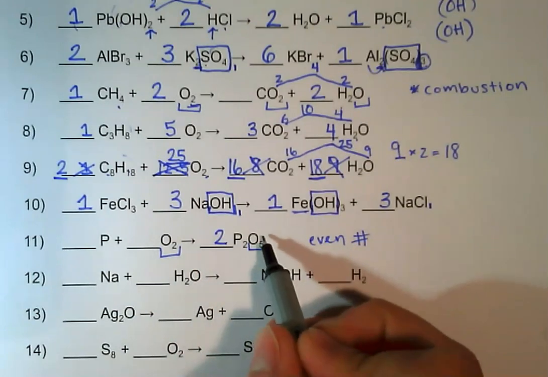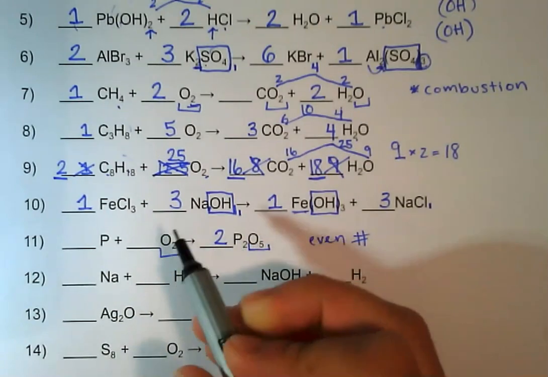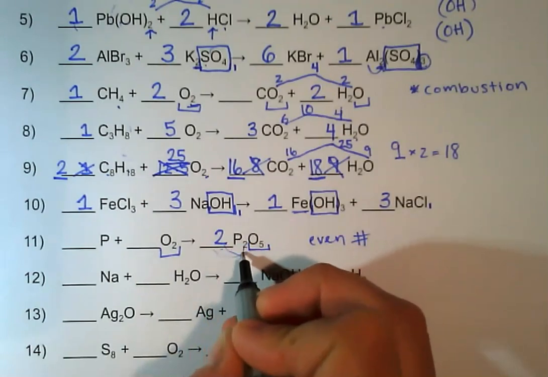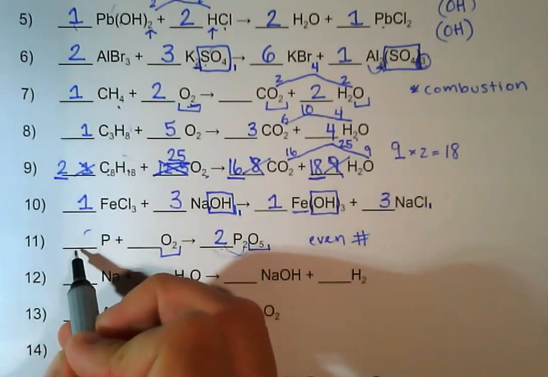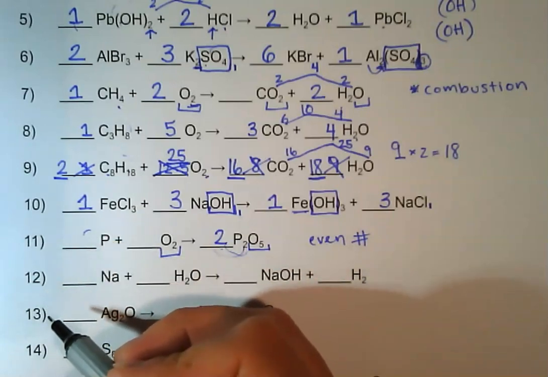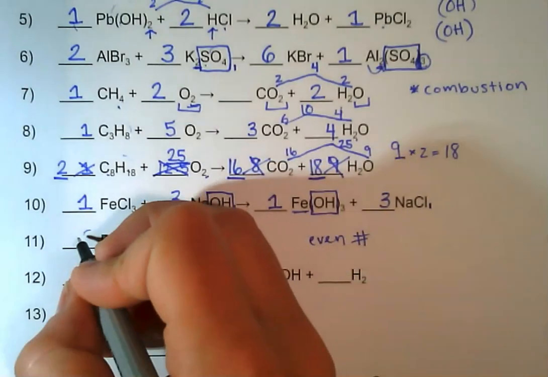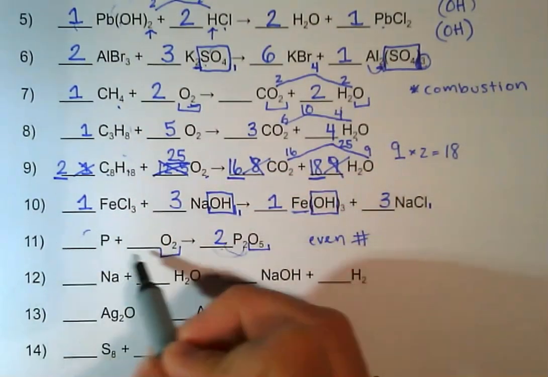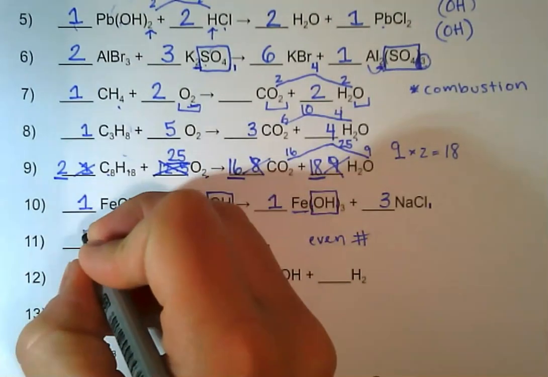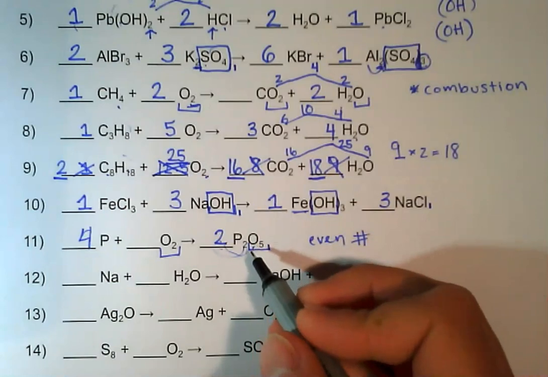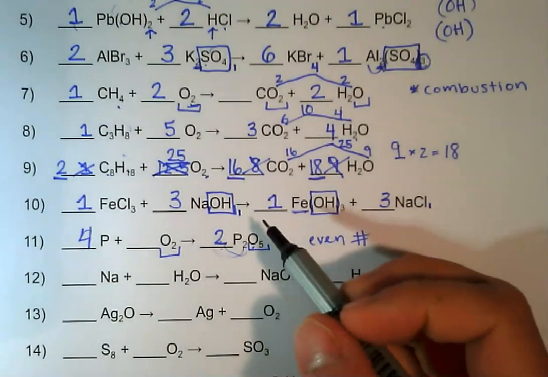So that's why I started by looking at oxygen here, because when I put this 2 in front of P2O5, it changed my number of phosphoruses. If I had put a 2 in front of phosphorus, I would have to end up changing that again, which is totally okay. If you put a 2 here first, and then you end up changing it to what it should now be, which is 2 times 2, which is 4, that's totally fine, but just knowing to look out for those oxygens is sometimes helpful.